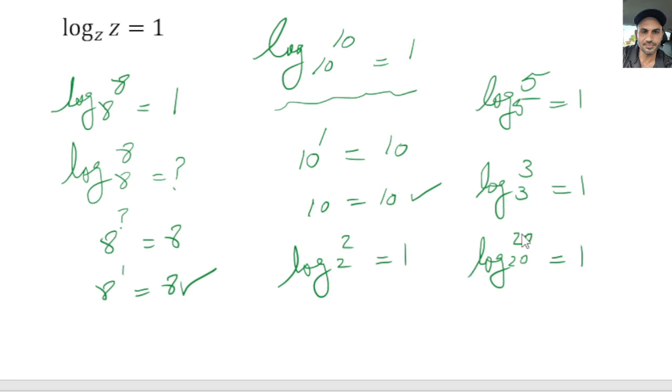As long as the number and the base are the same, it's always going to hold true, that is equal to 1. Log of 7 with base 7 is equal to 1. Okay, so log of any number with the same base is always equal to 1.